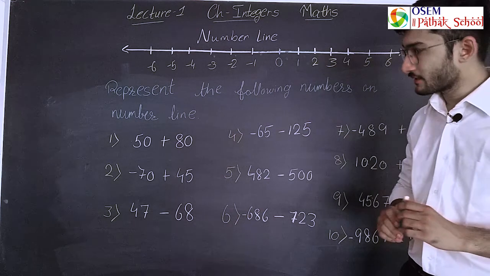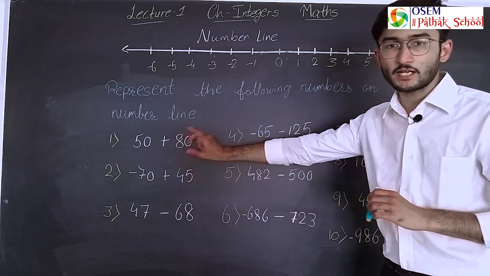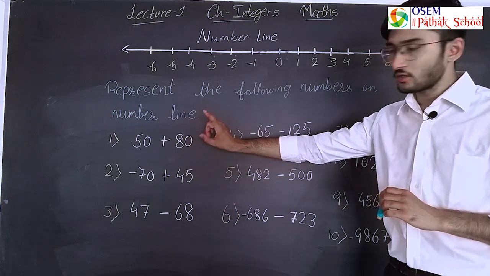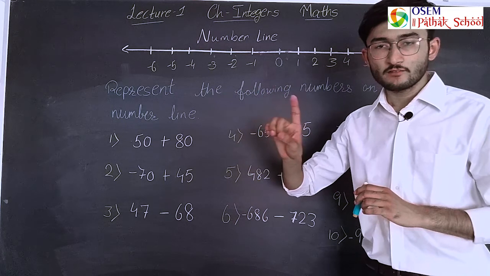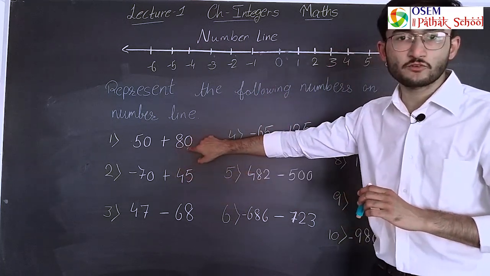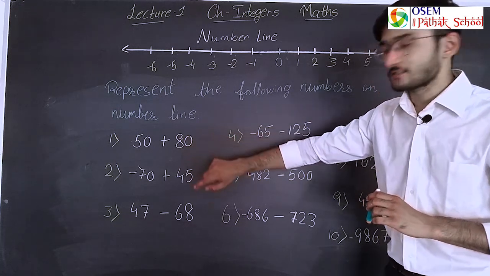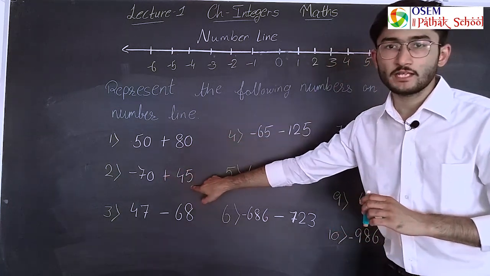Here are some examples where you have to first find the answer and then represent it on the number line. The first one, 50 plus 80, both are positive integers. Also keep in mind the rule, the bigger number's sign will be your answer's sign. Second one, minus 70 added to 45.